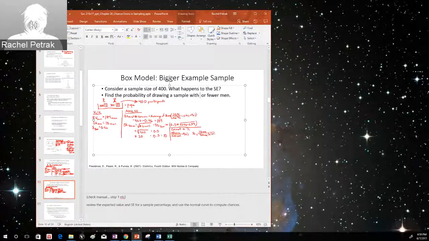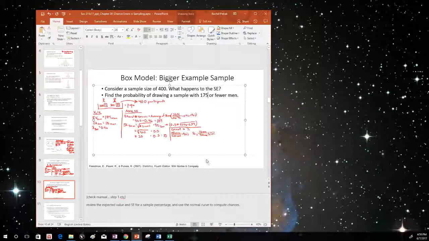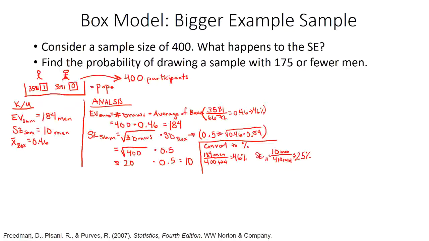So let's find the probability of drawing a sample with 175 or fewer men. So it's just a small additional step here to apply the normal curve to these data and find the probability of drawing a sample with 175 or fewer men. First, we need to convert 175 to standard units.